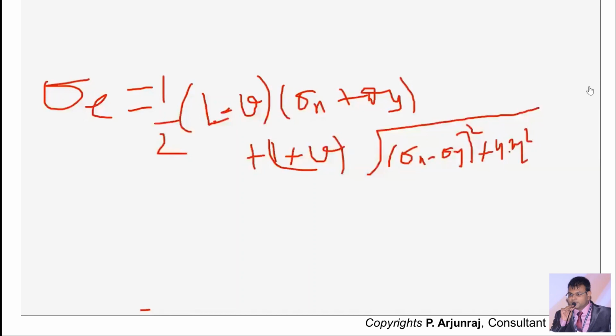And you also know this square root term is nothing but the maximum shear stress theory, or Guest theory. Okay, you know this one, so you will directly calculate the value here.